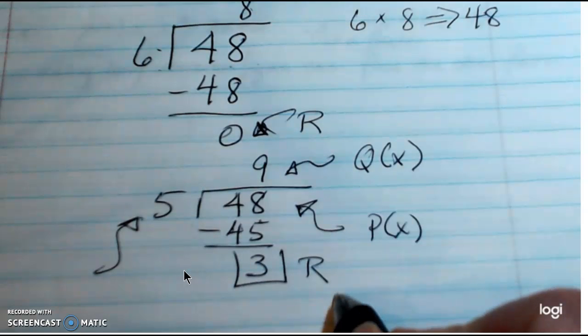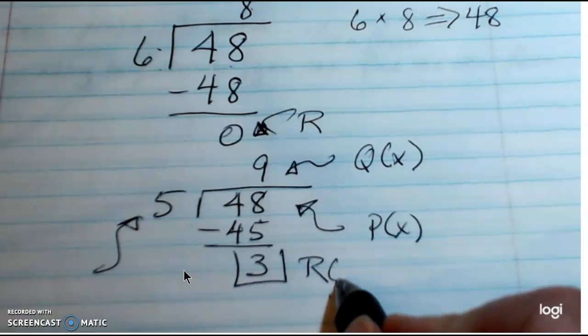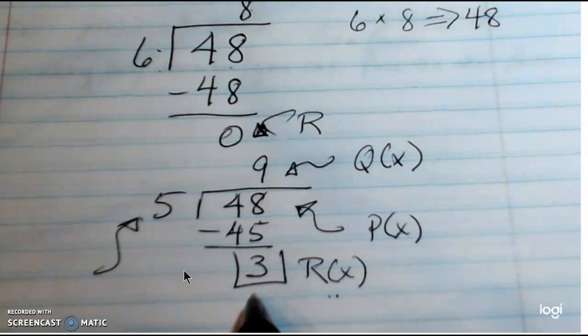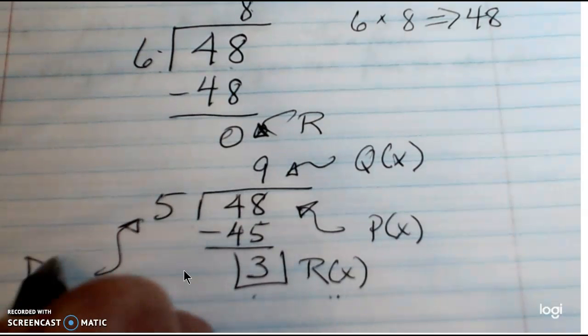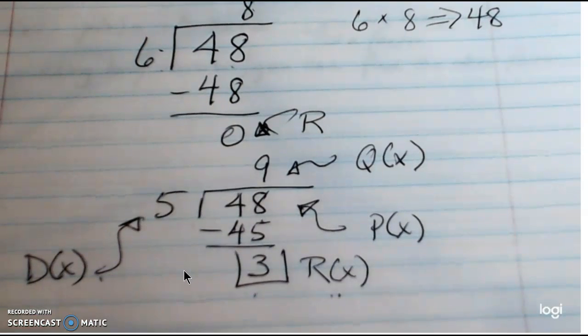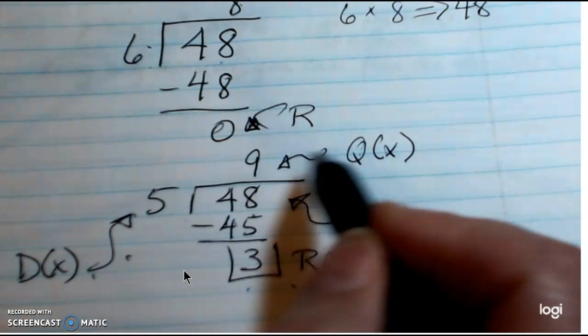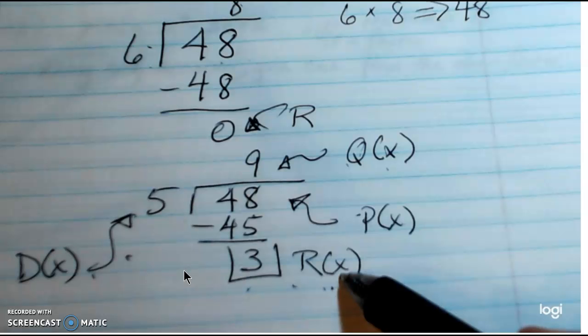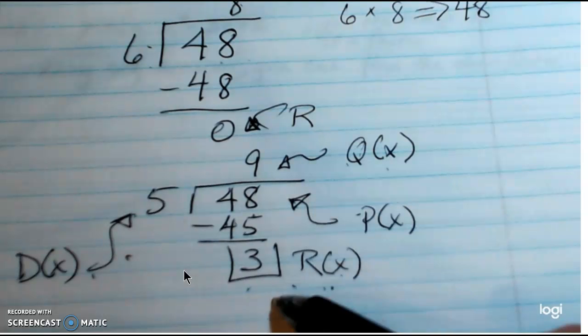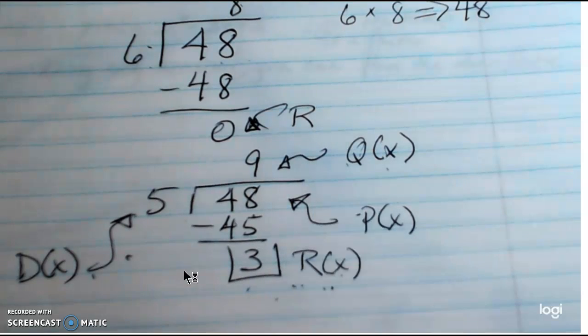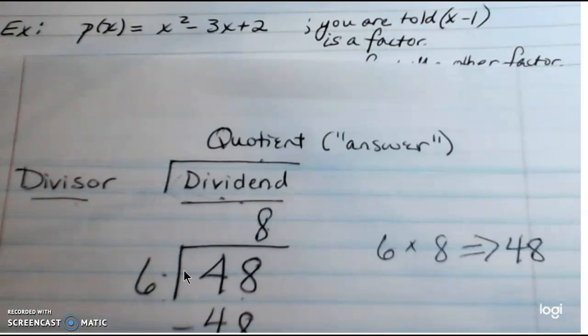And you may have a polynomial for a remainder, or you may have a 0 remainder. And then this is the divisor polynomial, typically called d of x. You don't have to get too caught up in these, but if you happen to see these designations, this is where they come from.